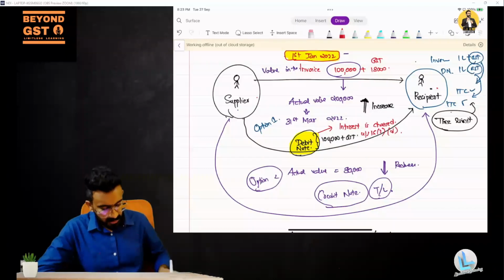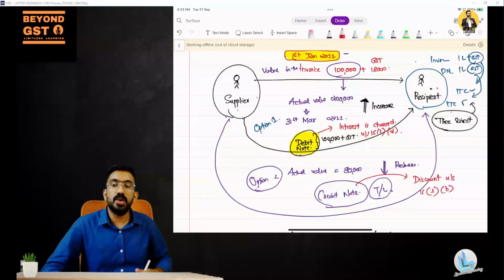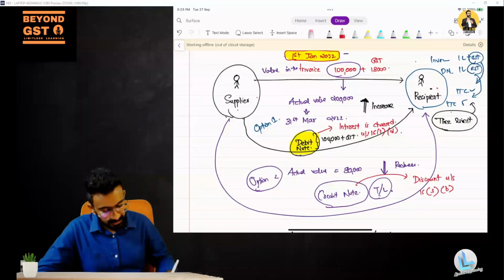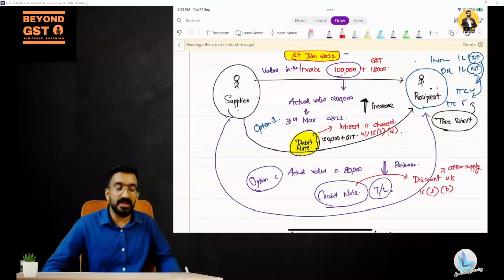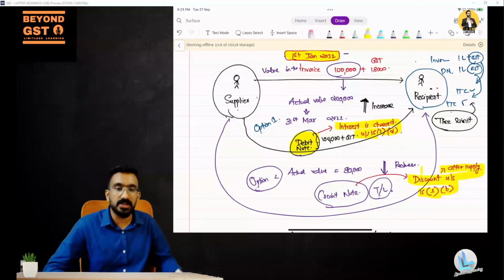Credit note is issued when there is discount, under section 15 subsection 3 clause B. Discount given after the supply, that's when you will issue a credit note. These are the two practical cases that are generally tested for debit note and credit note in your examination. So please remember this.